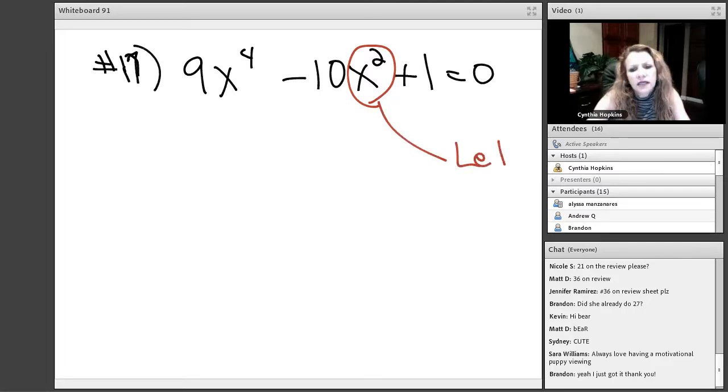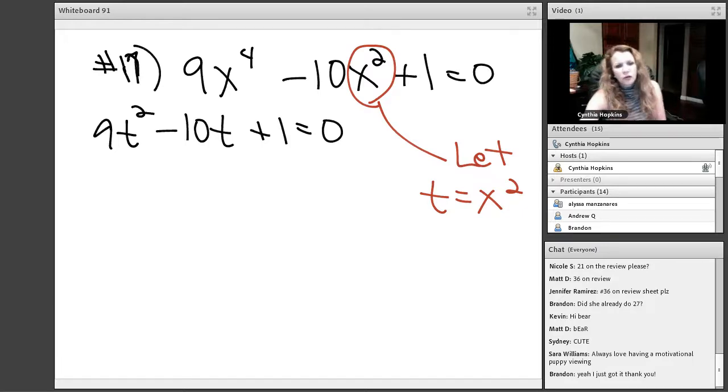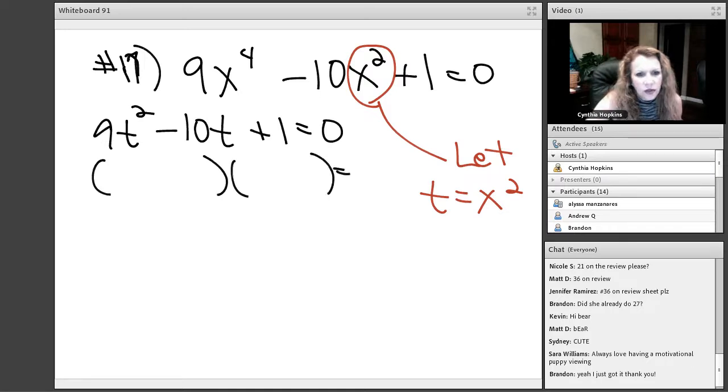I'm going to let t equal x squared. So doesn't this equation turn into 9t squared minus 10t plus 1 equals 0? So I just turned a fourth degree polynomial into a quadratic trinomial, and that happens to be factorable.